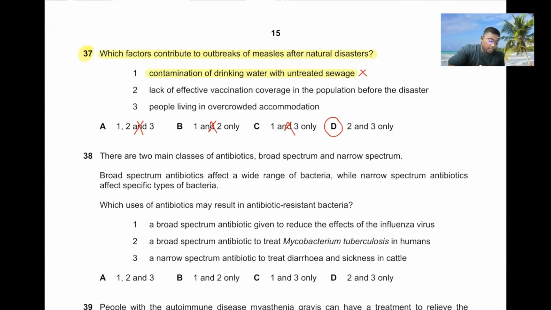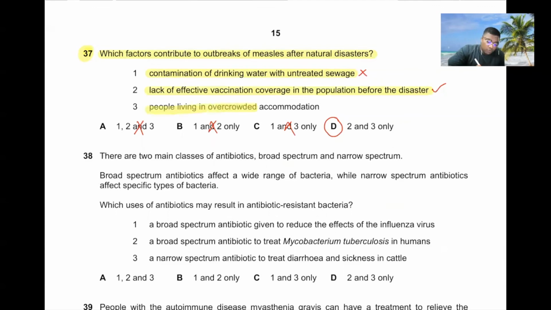All right, let's look at the other two points. Lack of effective vaccine coverage in the population before the disaster. Yes, definitely. Measles is a pretty hard disease in terms of vaccination, because multiple booster doses are needed in order to acquire immunization, and also those who have a weak immune system cannot be immunized.